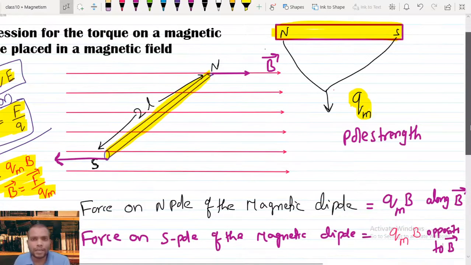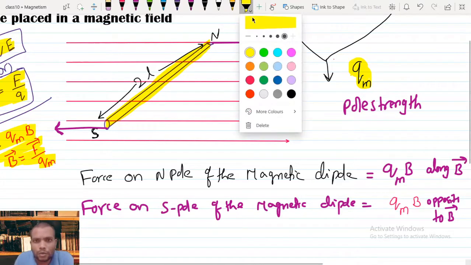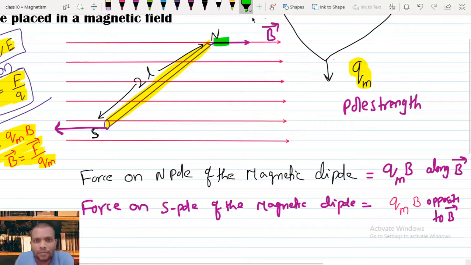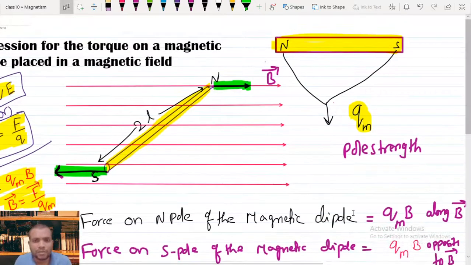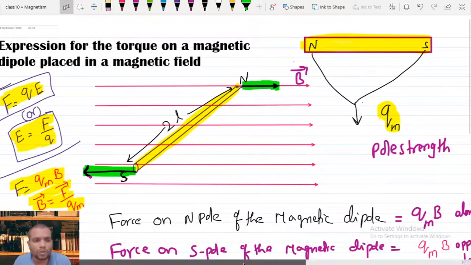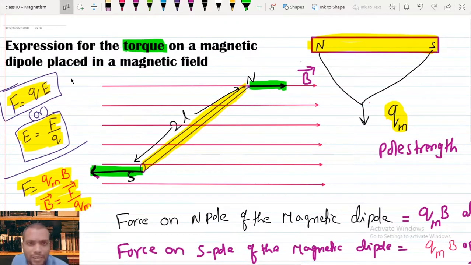Keep in mind that here we don't have a negative force. If you see clearly, two forces of equal strength acting oppositely cause a couple. That couple causes the magnetic dipole to rotate in the magnetic field, which causes torque.